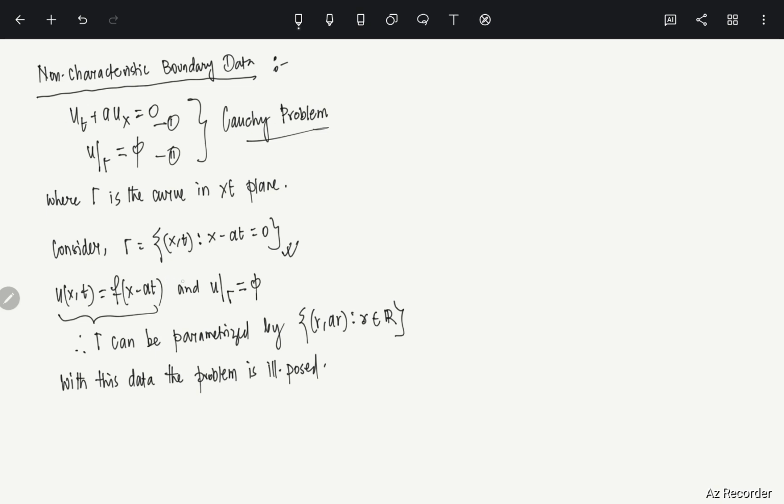But the initial data is also a characteristic line. So the characteristics of equation 1 are given by x minus at equals a constant, right? And incidentally the data is also given along one of the characteristics.